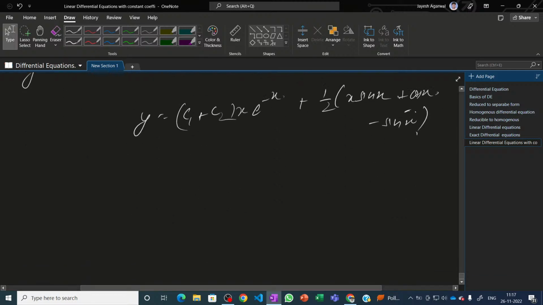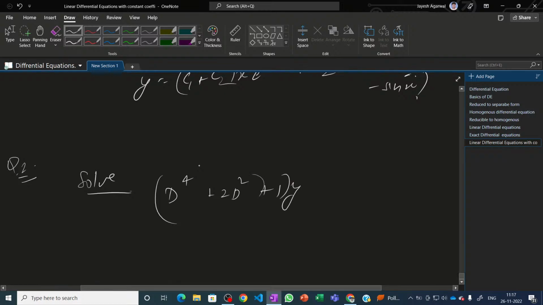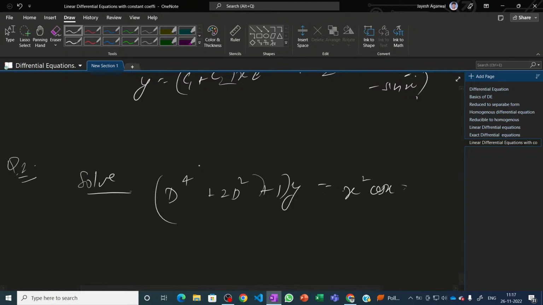Now we will do another question on the same concept. Question 2. Solve (D power 4 plus 2D square plus 1) times y equals x square times cos x.